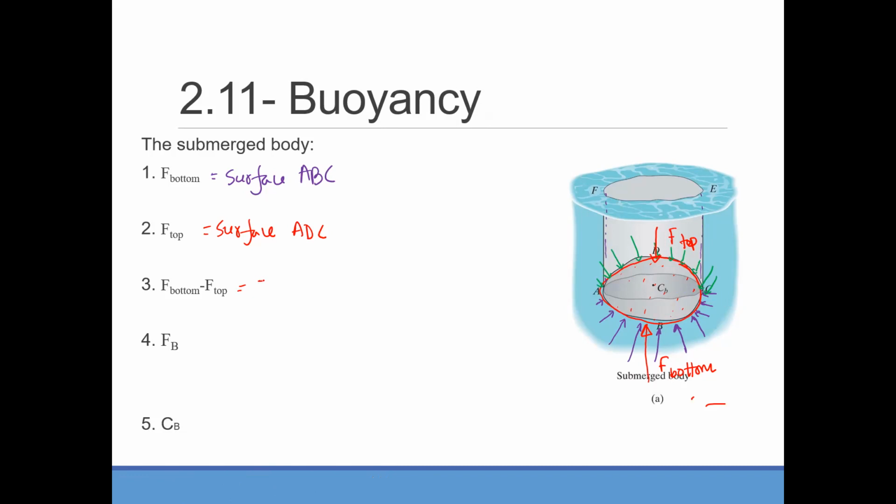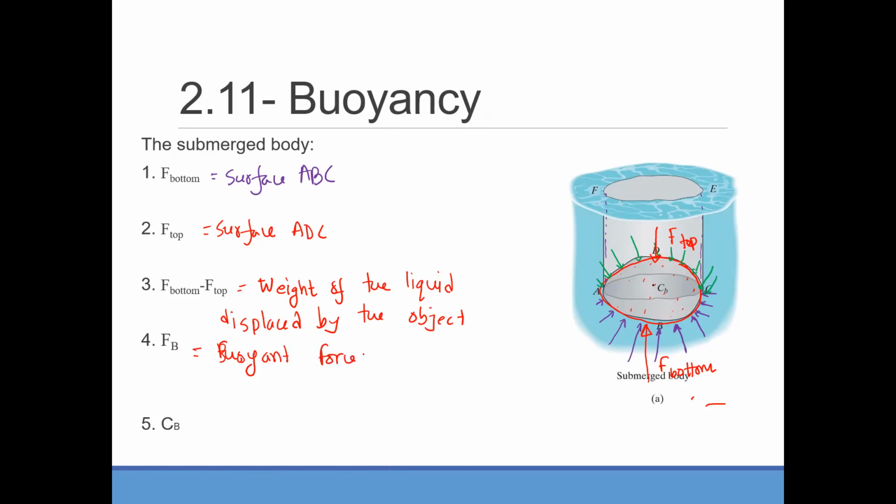So that will be the weight of the liquid displaced by the object, and actually that is called the buoyant force, F B, which is actually the weight of the liquid displaced by the object.